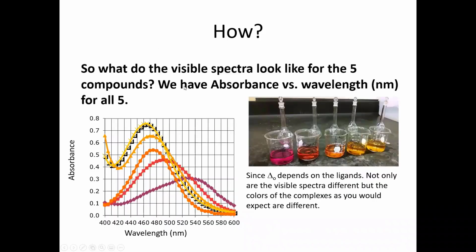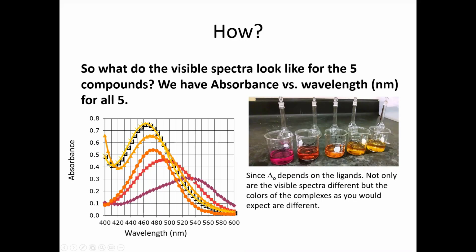So here I show you the visible spectrum that we used in the last experiment. The vertical axis here is the absorbance. The horizontal axis here is wavelength. For 5 different compounds, we can see the maximum absorbance wavelength is different, right?